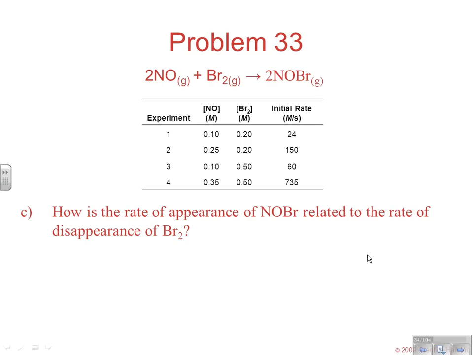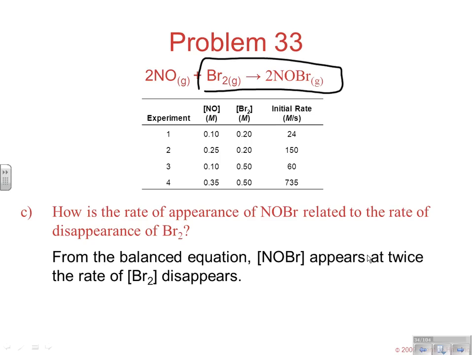So how are the two things related? Well, they're related through the stoichiometry of the situation. From the balanced equation, remember NOBr appears twice as fast as the Br2 disappears because it's a 1-to-2 relationship.